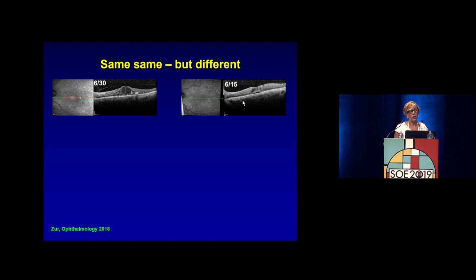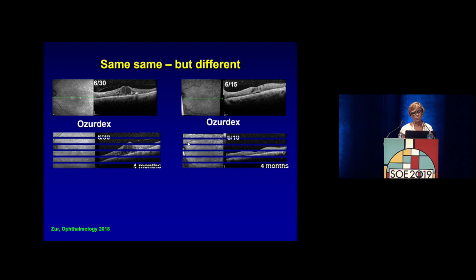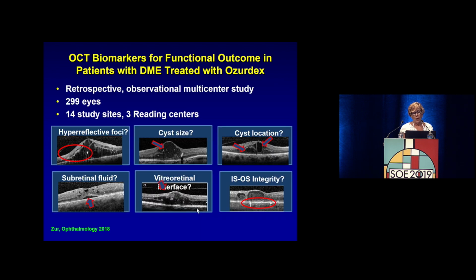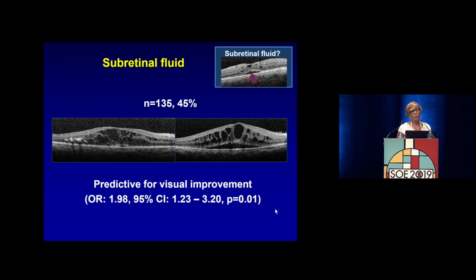They asked themselves the question, why of these 2 patients, both of whom have macular edema and both are treated with Ozurdex, one responded nicely and one did not respond? And they looked at 6 potential OCT biomarkers: the level of hyperreflective foci, the level of cyst size, cyst location, existence of subretinal fluid, vitreoretinal interface, and inner segment, outer segment integrity. And I will just show you the ones that had a correlation.